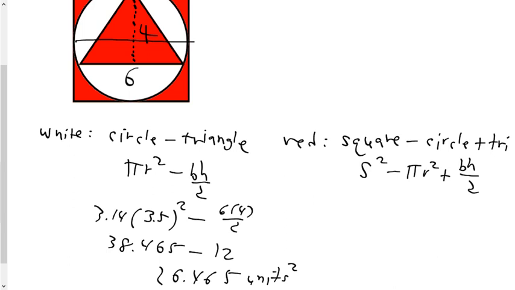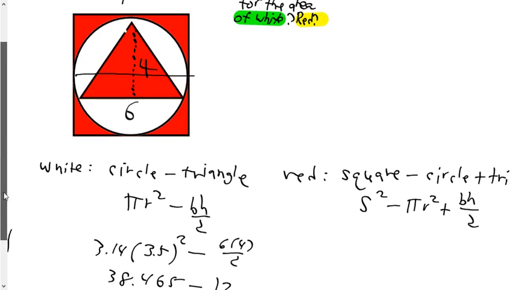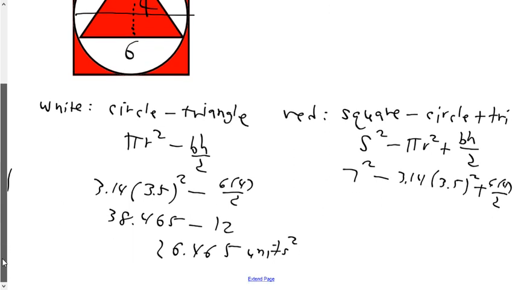When we do the same thing over here, the area of the red would be 7 squared, take away 3.14 times 3.5 squared, plus 6 times 4 divided by 2, which when you work that out would be 49 take away 38.465 plus 12.